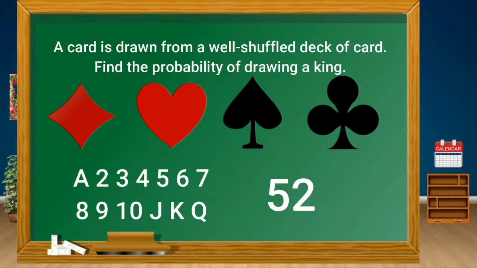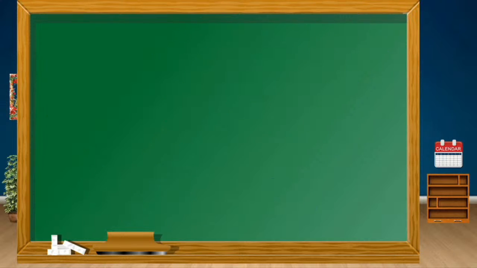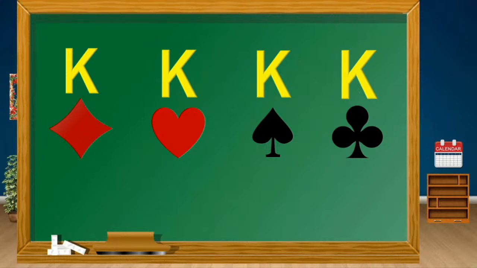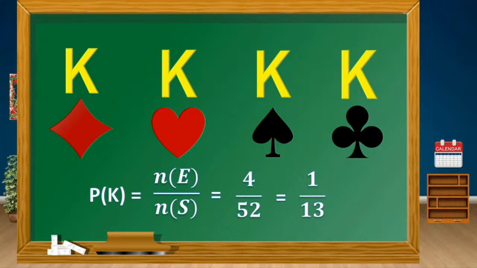So there are 52 cards in a deck of cards. We are looking for the probability that a king will be drawn. There are 4 kings in a deck of cards: king of diamond, king of heart, king of spade, and king of club. So the probability that a king will be drawn is equal to 4 over 52 or 1 over 13.